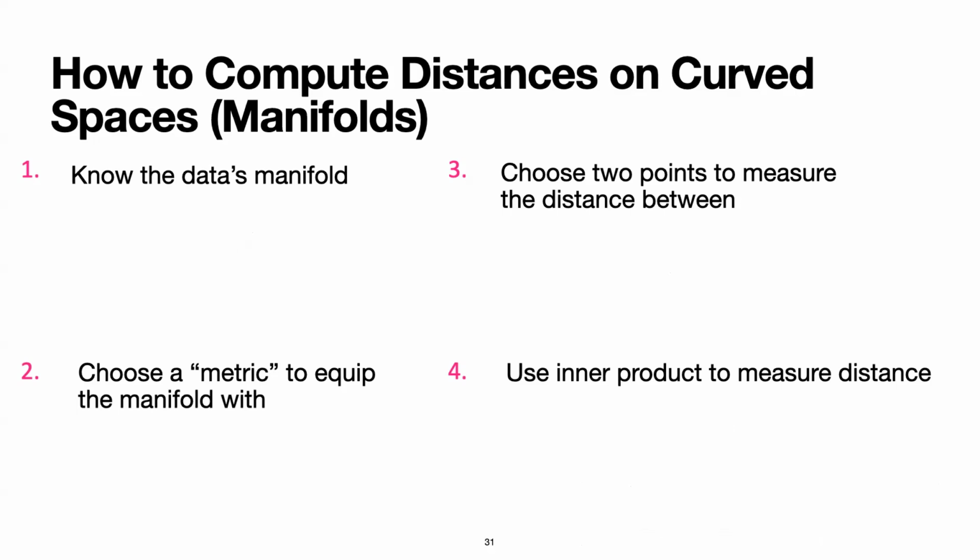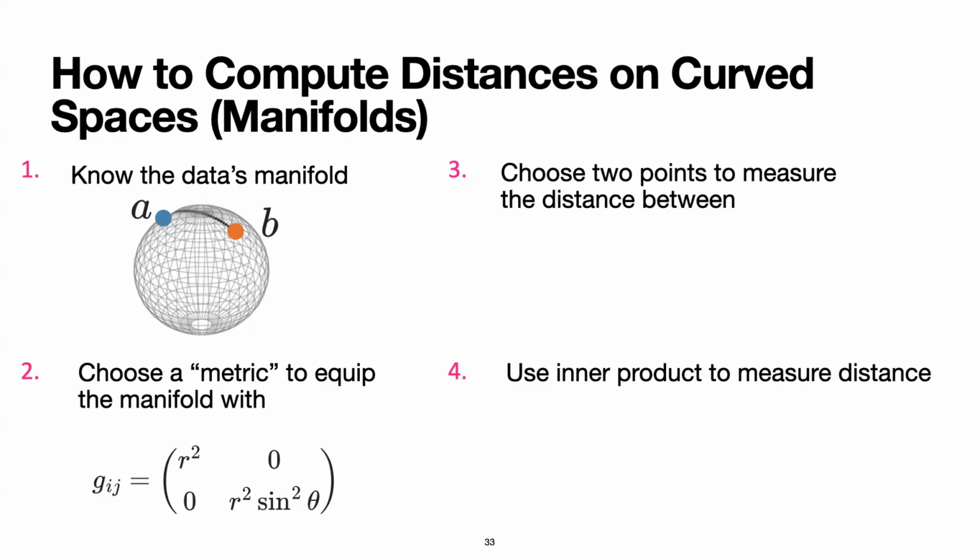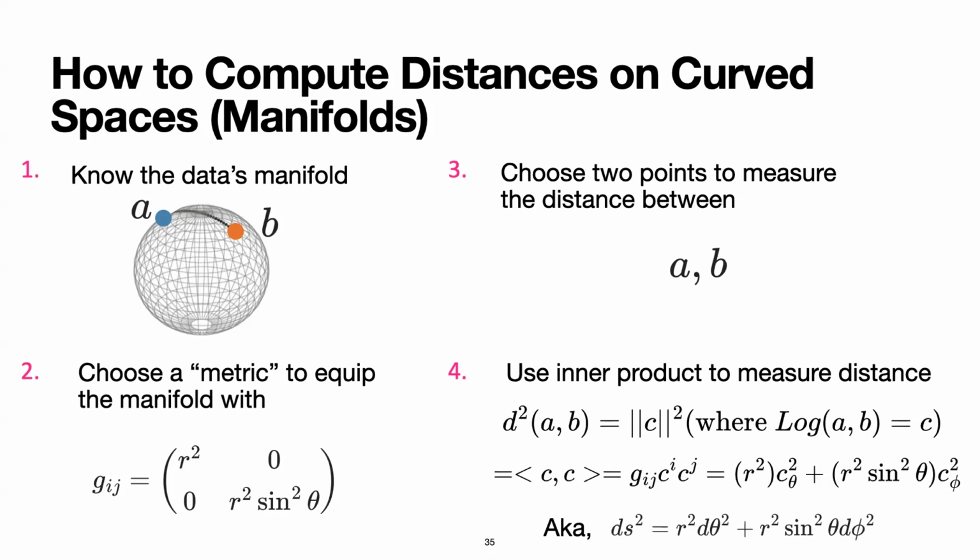Okay, now we're gonna learn how to compute distances on curved spaces, manifolds. Same thing: know the data's manifold, aka know what constraints are acting on it. Choose a metric to equip the manifold with. In the case of the sphere, this is the metric. Choose 2 points to compute the distance between, and use the inner product to measure distance. The key thing to note here is that now, instead of C being A minus B, it's now log of A minus B, because we're on a manifold now.